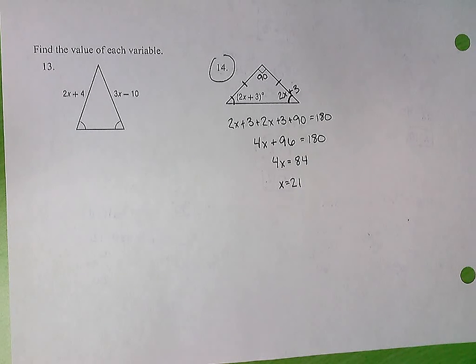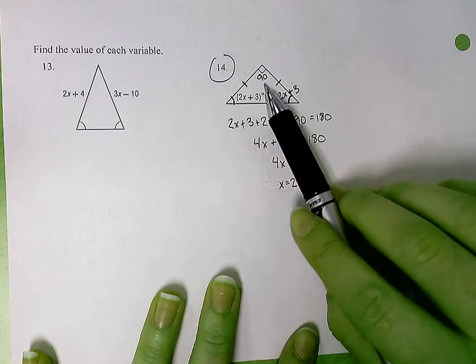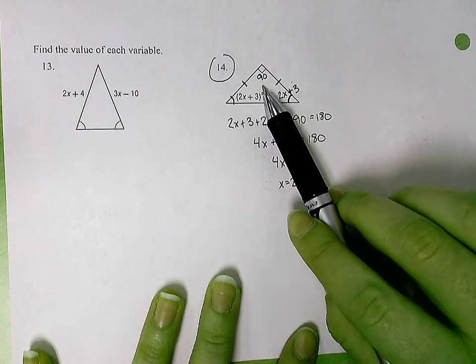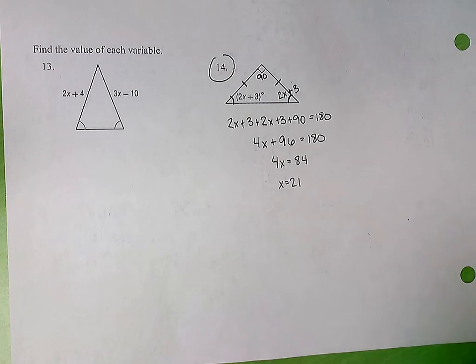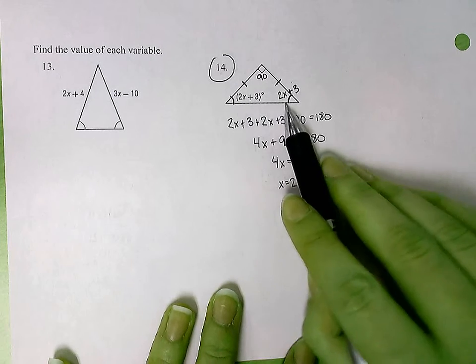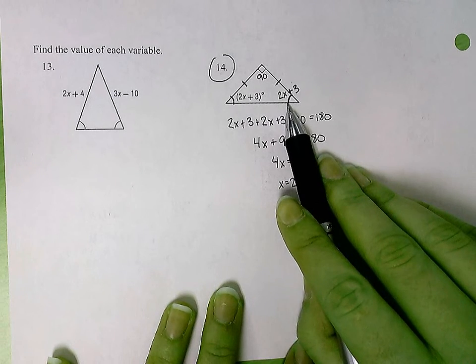Now the second way. Since you have that 90-degree angle, you can take 180 minus 90. Okay, that's 90. And that 90 degrees has to be split between those two congruent angles. So each of those angles would be 45.